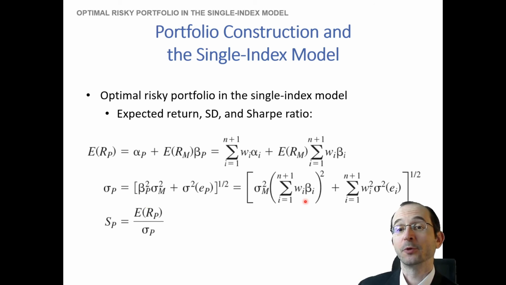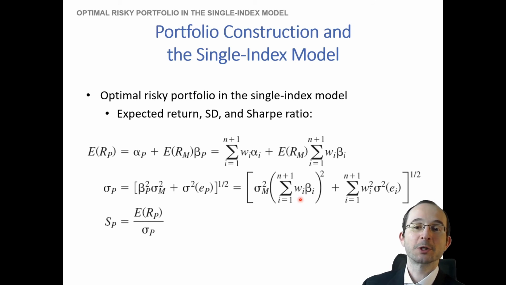And we know what the portfolio beta is. Remember, it's the weighted sum of the individual portfolio asset betas. So we carry this calculation out just as we did in the calculation of the expected returns above.